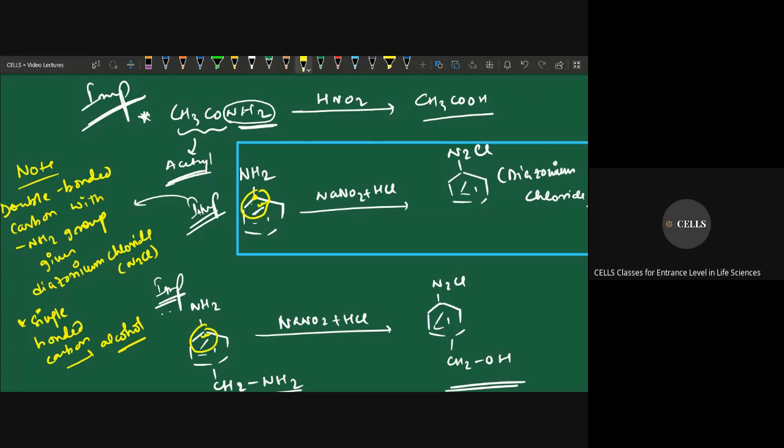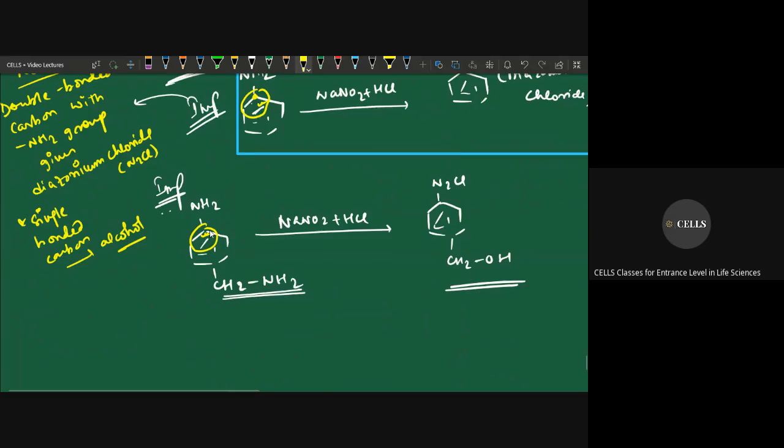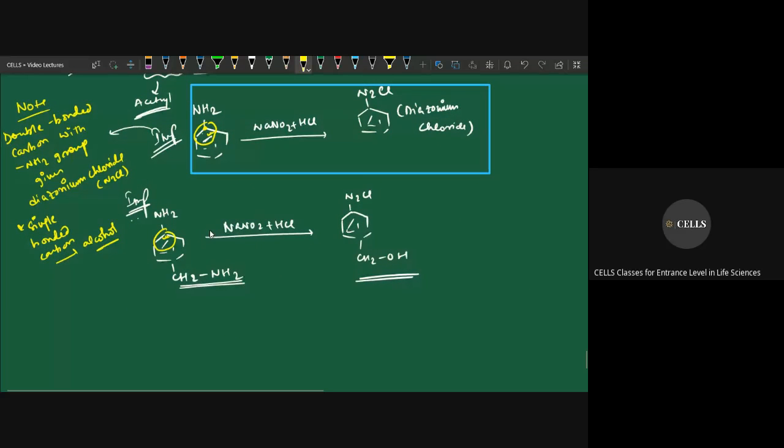If we give this kind of question, what will be the answer? CH2=CH-NH2 with NaNO2 plus HCl.